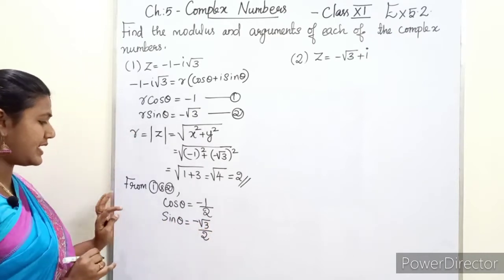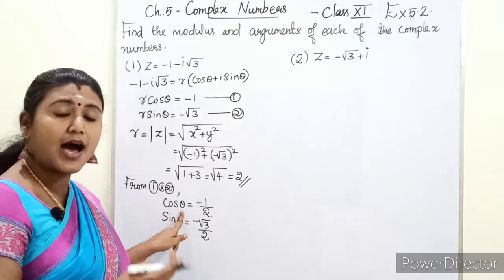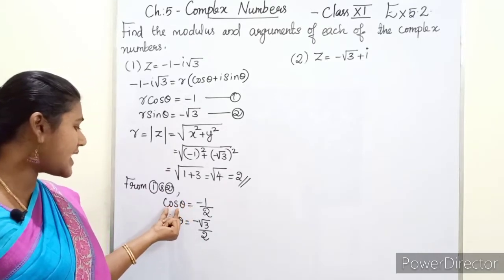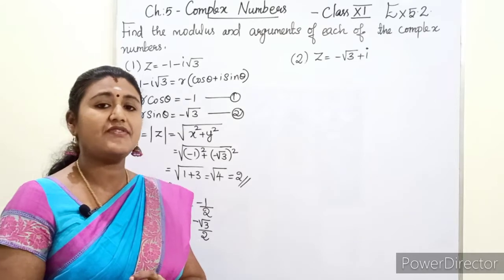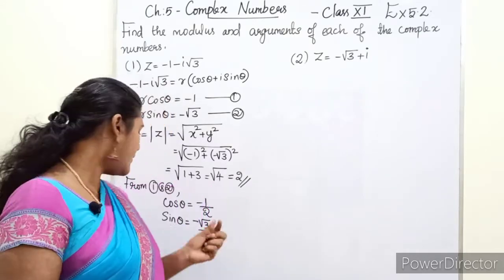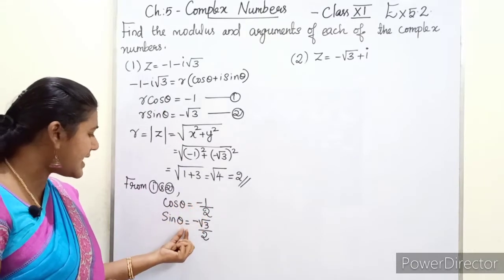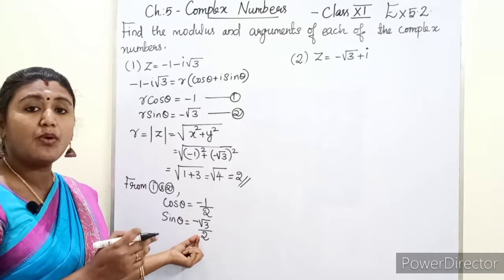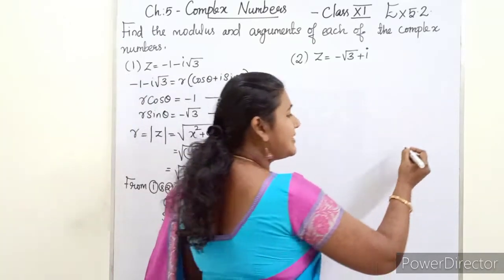To find the argument, we have to see in which quadrant theta lies. Based on the signs of cos theta and sin theta, we can decide where the complex number lies. Here, cos theta and sin theta are both negative. In which quadrant are both values negative? In the third quadrant.